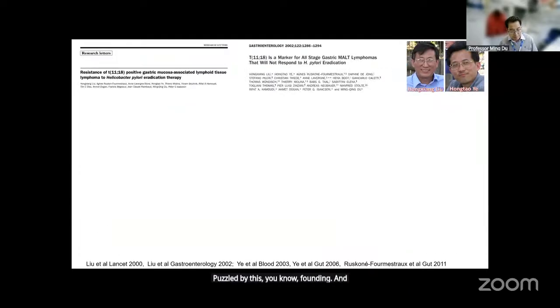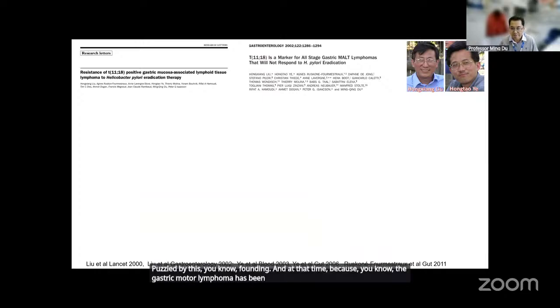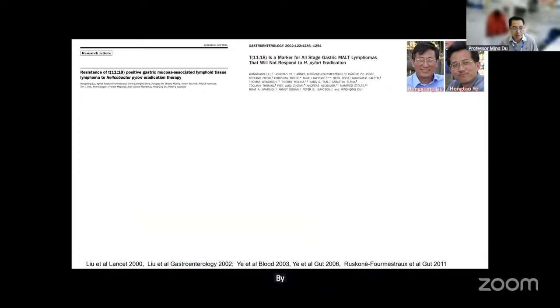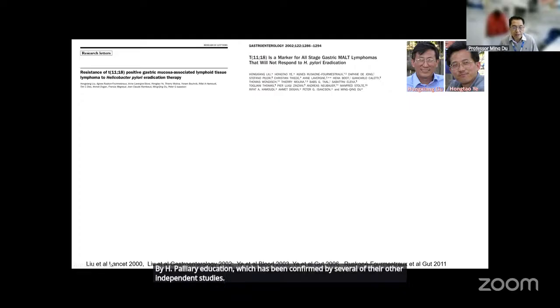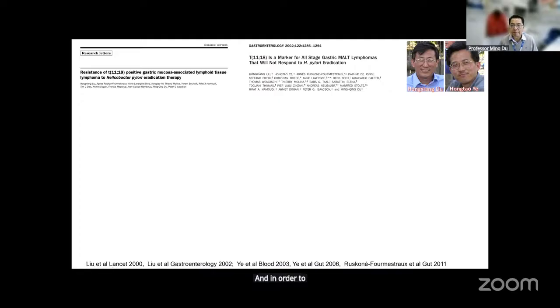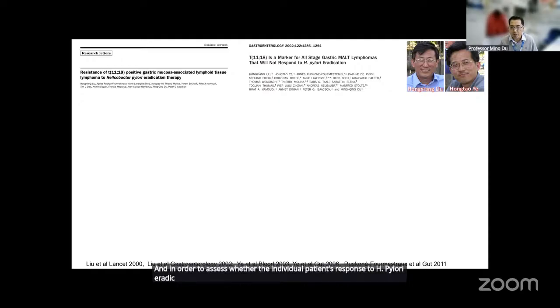At that time, gastric MALT lymphoma had been successfully treated by H. pylori eradication, which was confirmed by several other independent studies. In order to assess the individual patient's response to H. pylori eradication, we have to follow up the patients regularly by gastric endoscopy and gastric biopsy, normally, say, every 3 months for at least a year or 2.